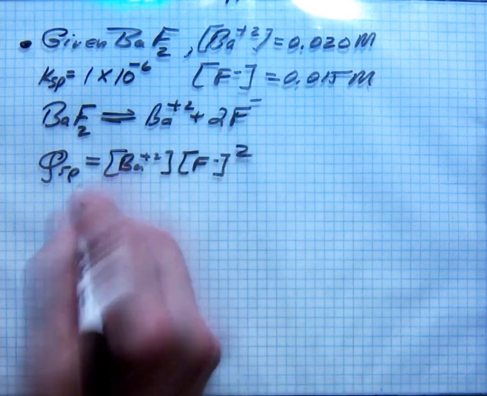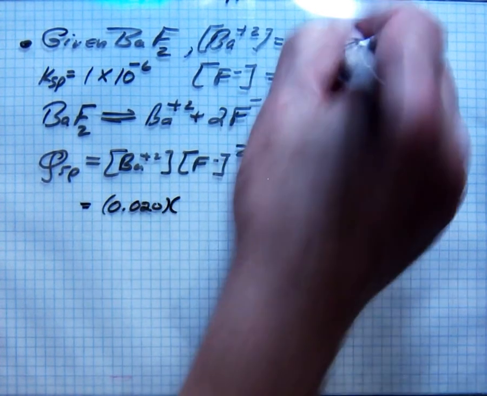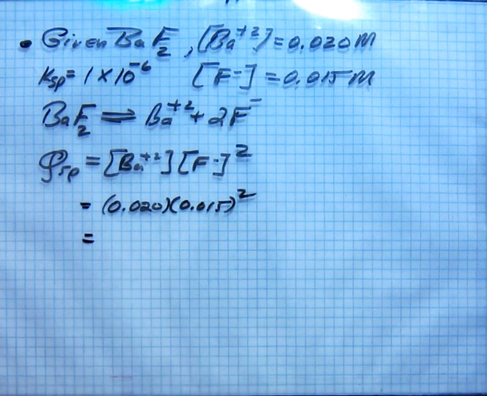So our barium now is 0.020 molar and 0.015 squared, and let's see how we come out.